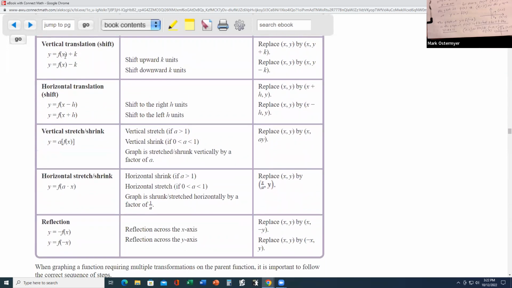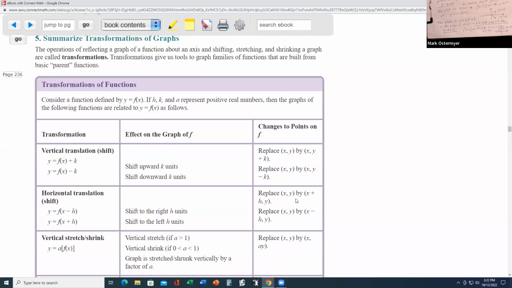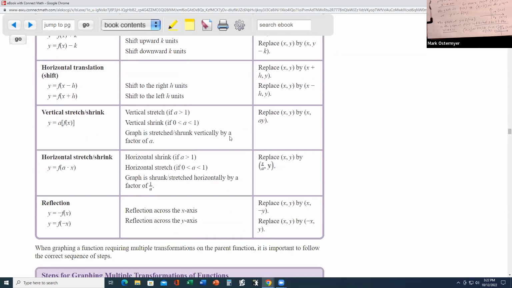We can cause the function to be shifted upwards or downwards, right or left. We can cause the graph to experience a vertical stretching or shrinking, or horizontal stretching or shrinking, or we can cause the graph to experience a reflection about either the x-axis or the y-axis. It's all here in this table. This basically encapsulates the entire section. Table on page 236.